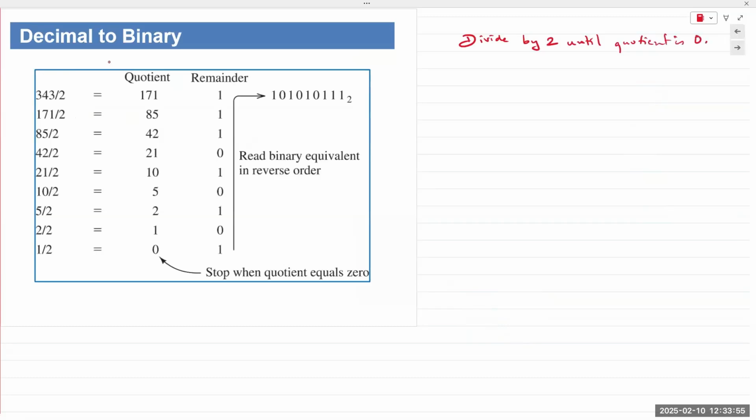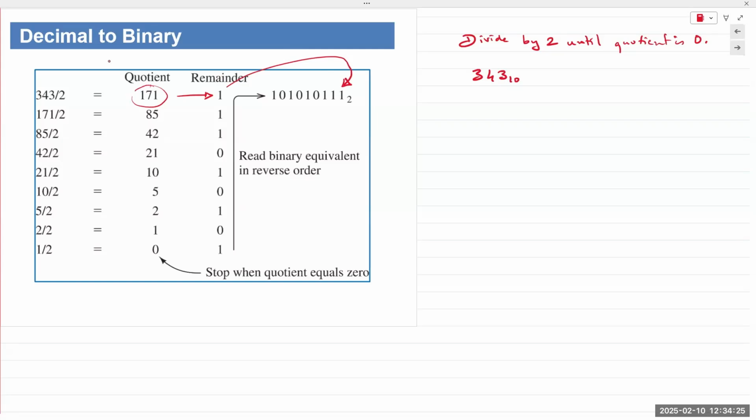So let's say we start with the number 343 in decimal, subscript of 10. Divide by 2, we get a quotient of 171, remainder of 1. We note that as the least significant bit, reading from right to left.